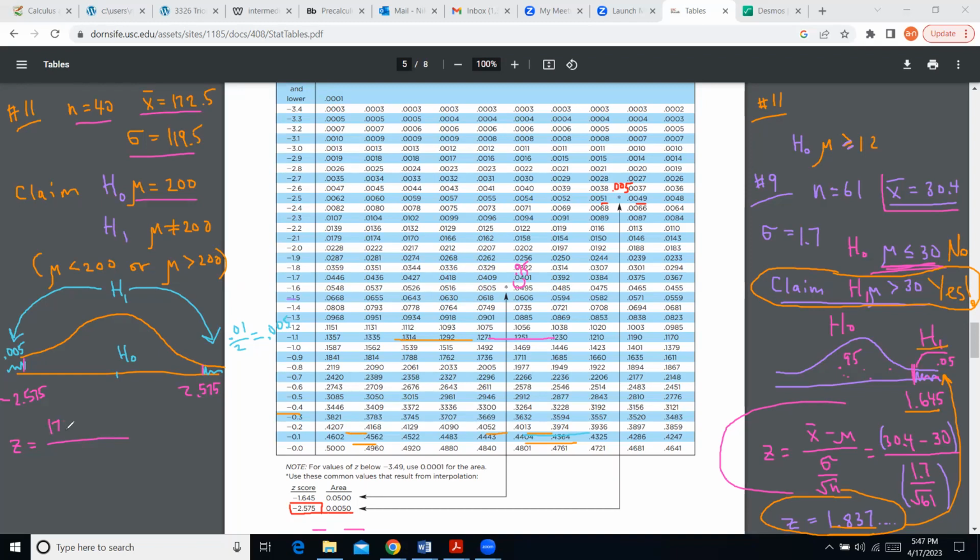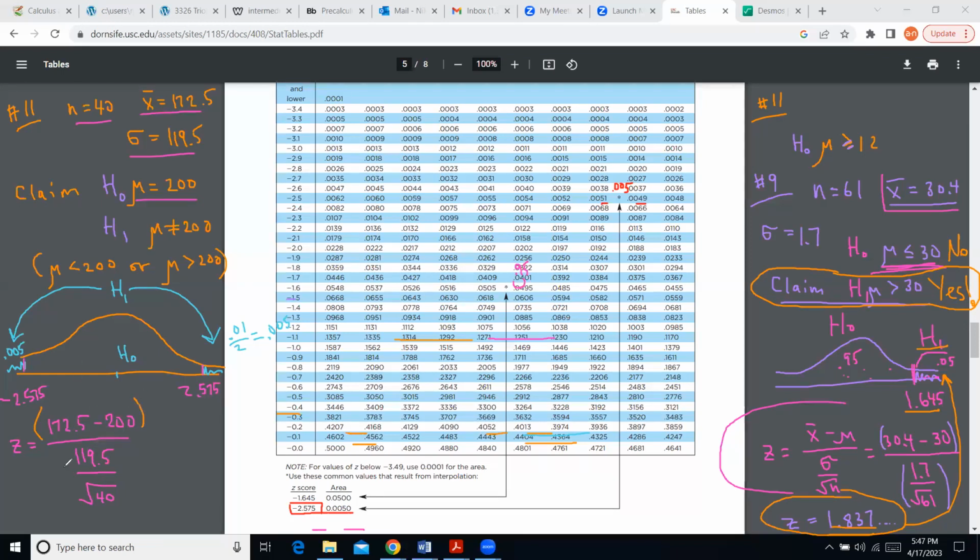Let's just do it carefully. Numerator that we usually put in the parentheses, right? In the calculator, and then denominator 119.5 is divided by a square root extracted from 40. That's what I need to enter in my calculator.